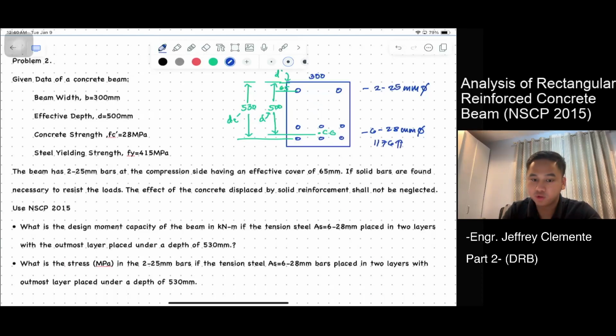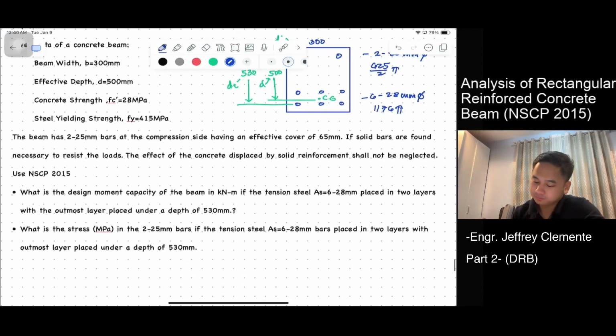Ito naman sa 25, dalawa lang siya. So that is 625/2 pi. In terms of pi ko siya para madali siya isulat mamaya. Kasi pag may decimal, nag-round up na tayo. Pag may pi, wala pa tayong nag-round up. Diba? Okay.